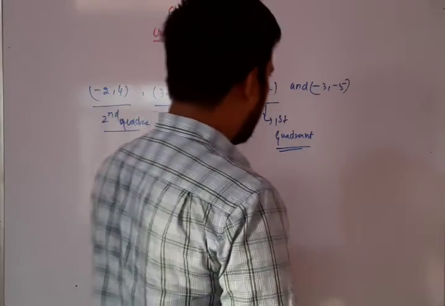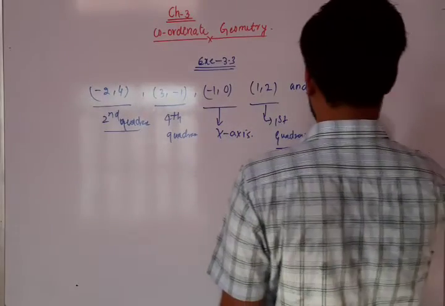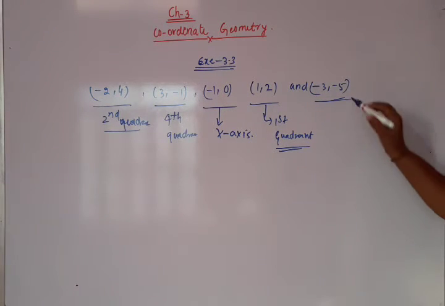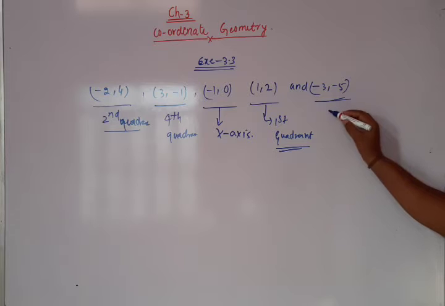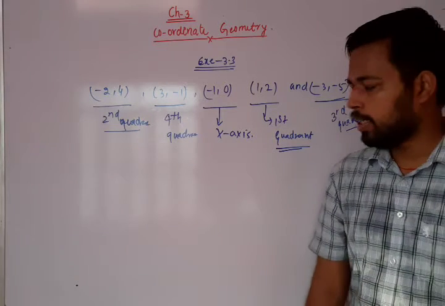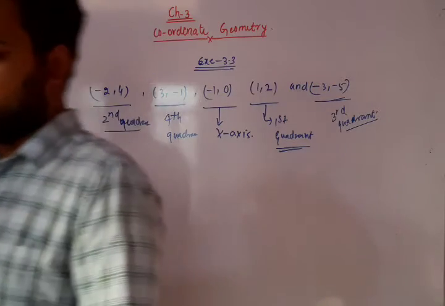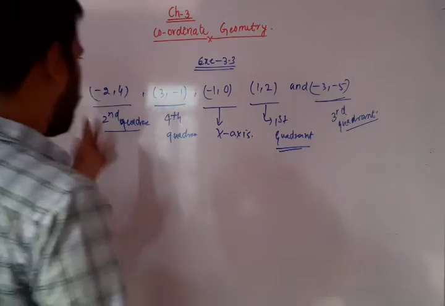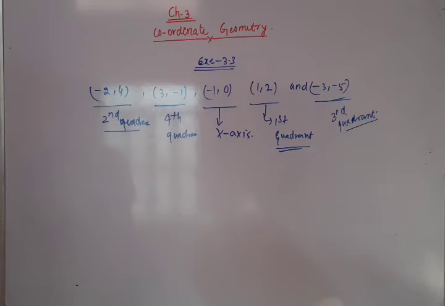Now next is (-3, -5), both are negative, so this will lie in the third quadrant. So you verify these points by drawing the graph, whether they lie in this quadrant or not.